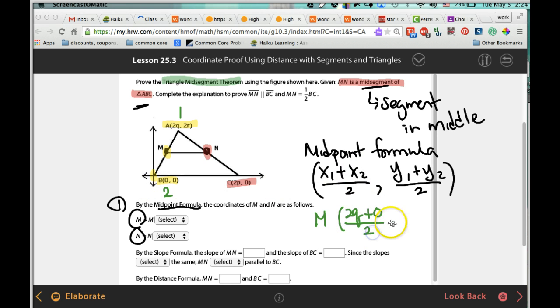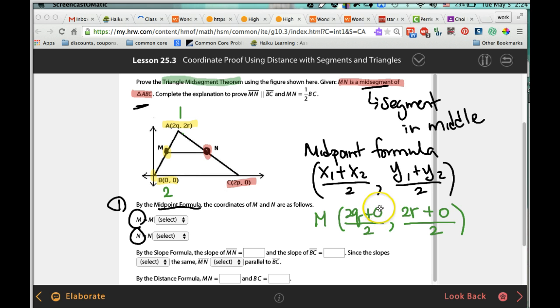And I'm going to divide that by 2. And that's going to be my x value for point M. To find my y value for point M, the y value in the first group is 2r, right? Plus, and the y value in the second group is 0, over 2.